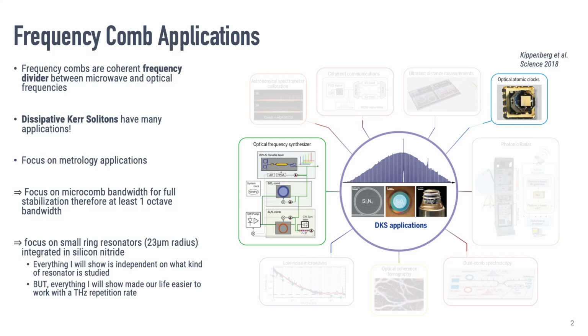So that means you need to work with a large rep rate. In our case, we work with a small ring radius of 23 micron in silicon nitride, and that gives you 1 terahertz of repetition rate. Like I said, everything that I'm going to show you is totally independent of this repetition rate. But it really made our life much easier to have this huge repetition rate that we can resolve optically.